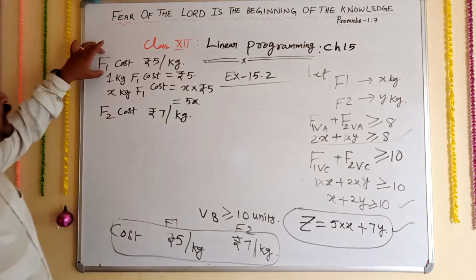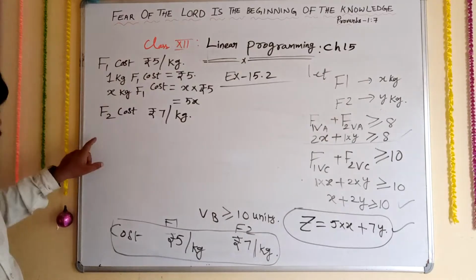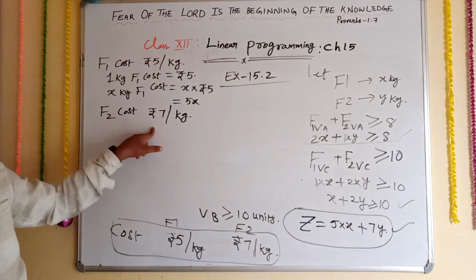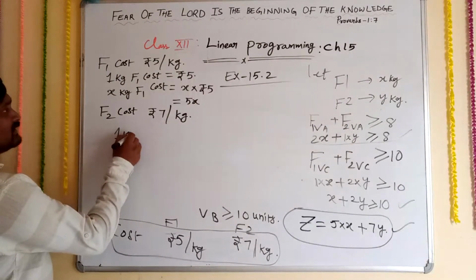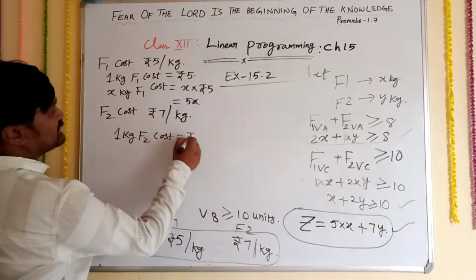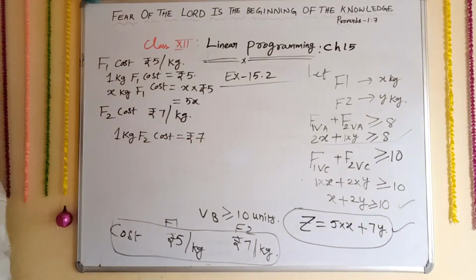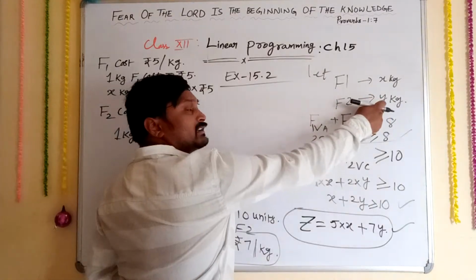So now food 1 costs rupees 5 per kg, and food 2 costs rupees 7 per kg. So in this, 1 kg of food 2 costs rupees 7. Okay. Now how many kgs of food 2 are there? Y kgs.